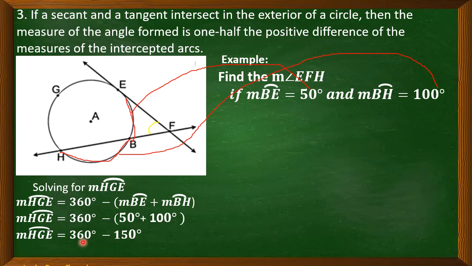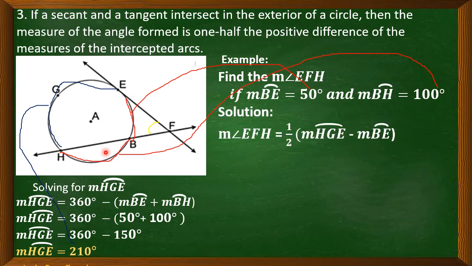Subtract 360 minus 150 degrees, and that is 210 degrees. Therefore, the measurement of this arc here, this one, is equal to 210 degrees.